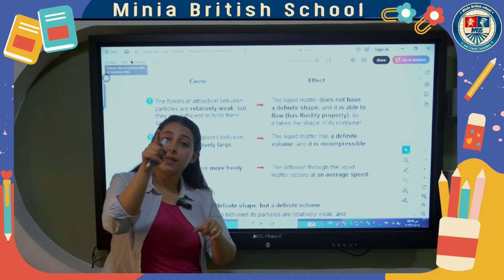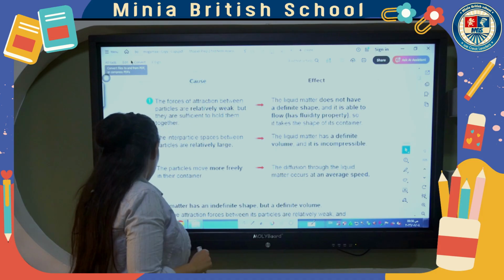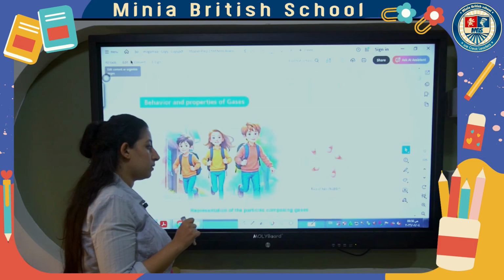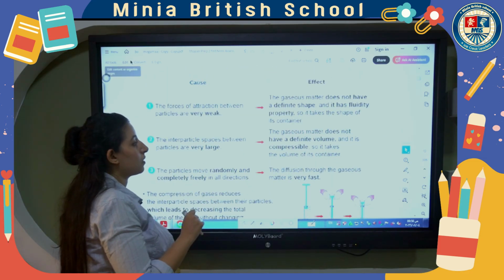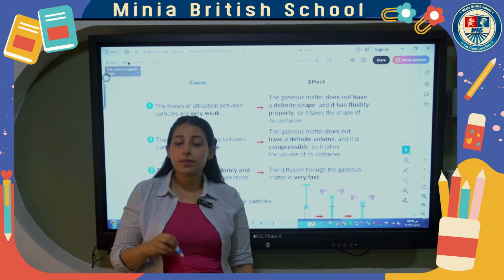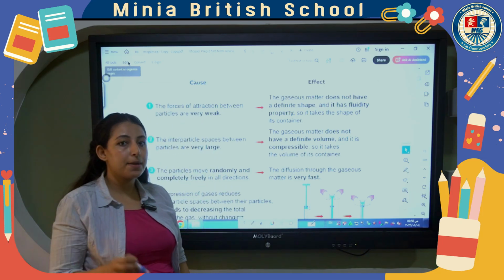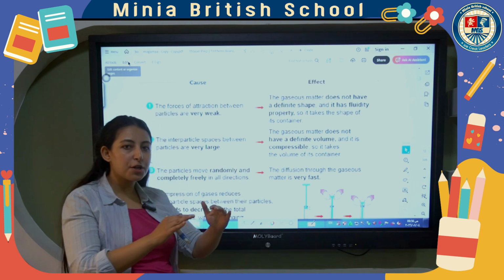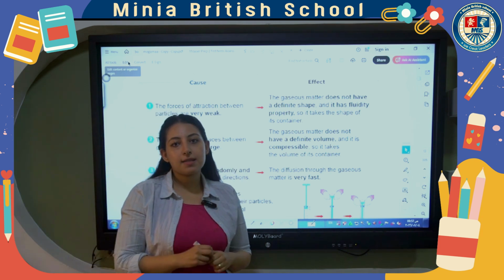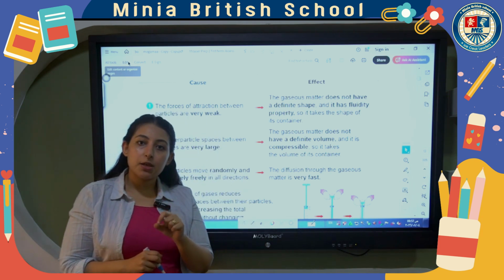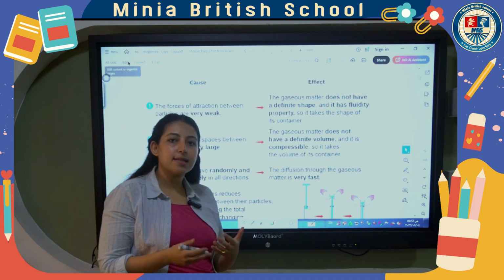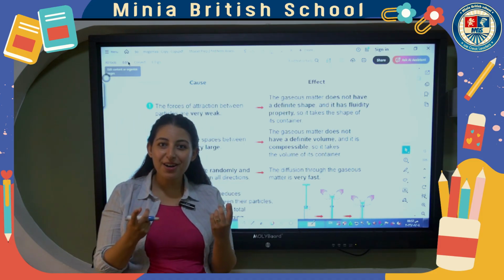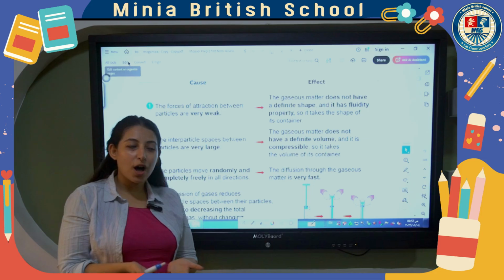The same questions about gases. When I ask you, gases are fluids. They have the fluidity property. It's related to the attraction force, which is very weak between its molecules. When I ask you about the compressibility, gases only are compressible. Why?